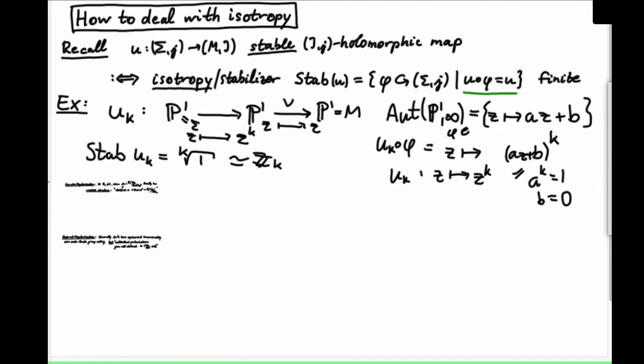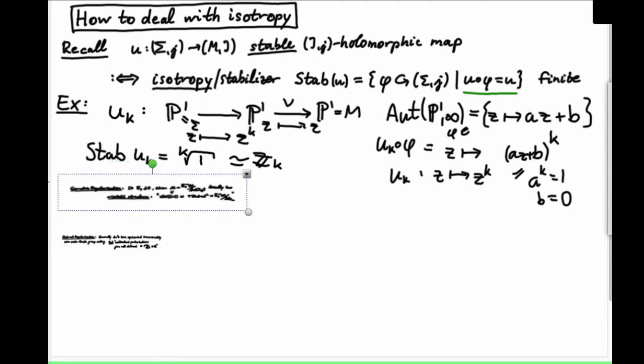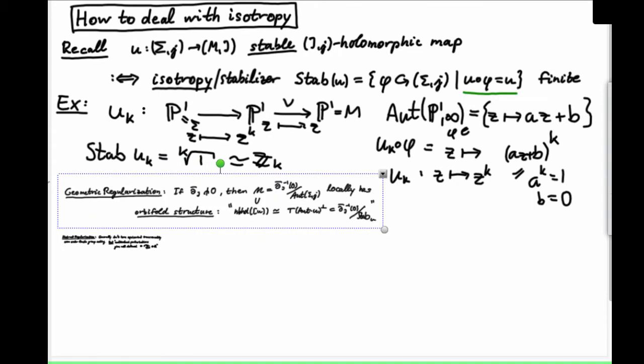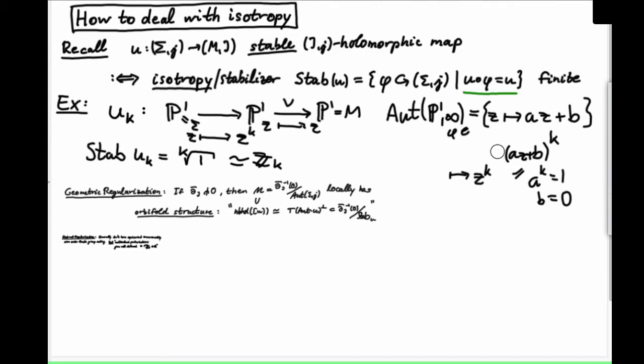They also happen to have nontrivial stabilizers, but those are two different examples. That doesn't always come together. So the question is, what do you do about this?